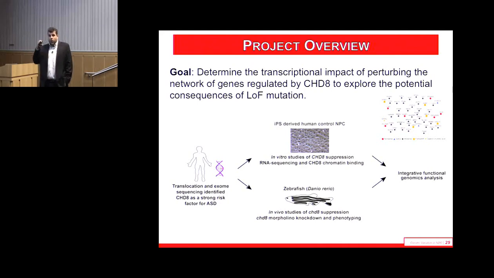We did this a large number of times because we did transcriptome profiling, and of course, it can be noisy. You really need to model the variants, as you all know more than anybody. We also did a zebrafish study, because one of the main phenotypes that have come out of the papers to date on CHD8 disruption is macrocephaly.